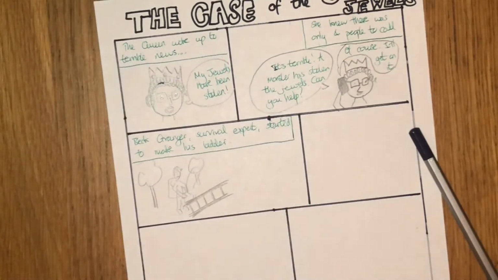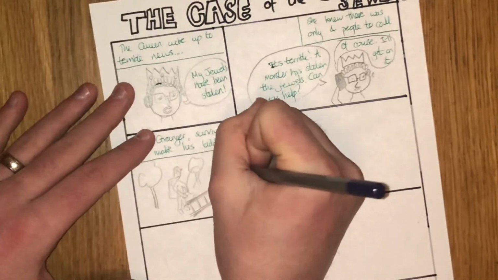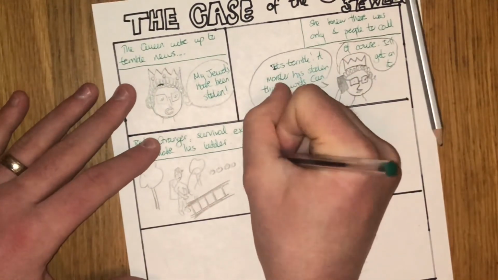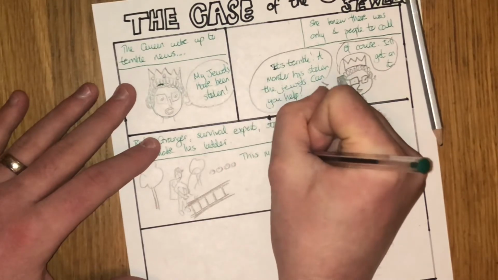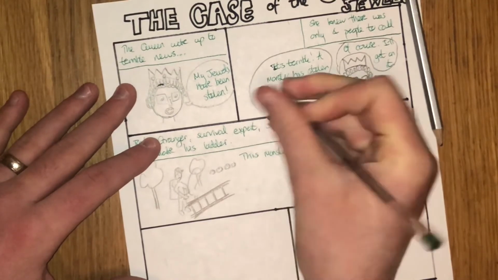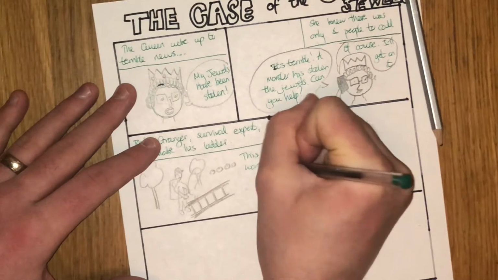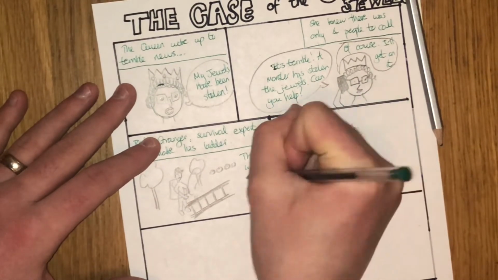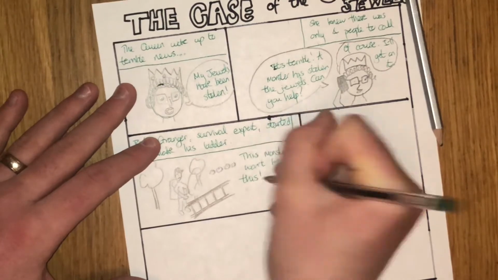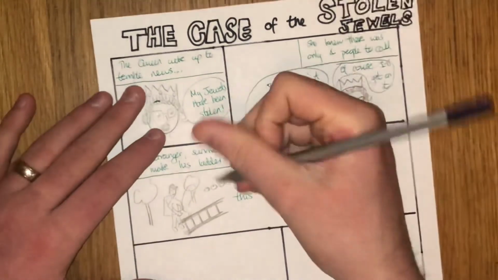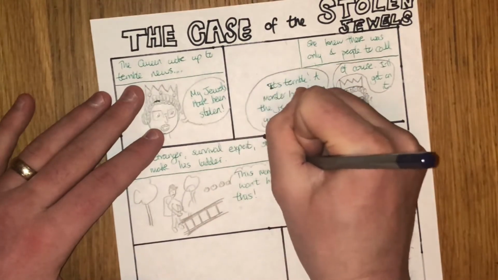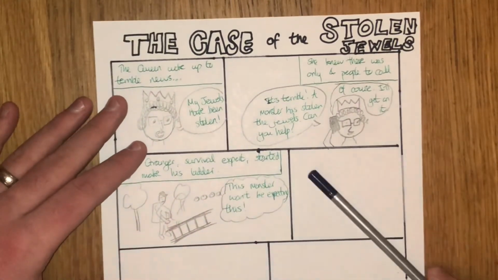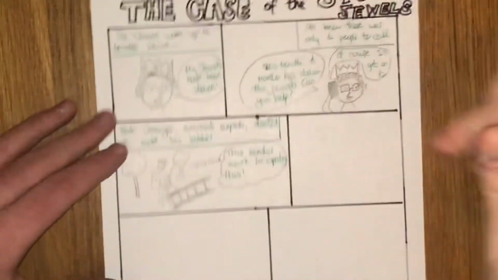And then he's going to be thinking to himself, "This monster won't be expecting this." And then the next one would be when he starts climbing up, and then it'd fail miserably.